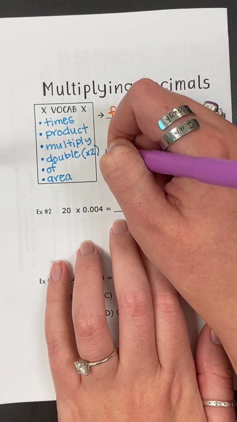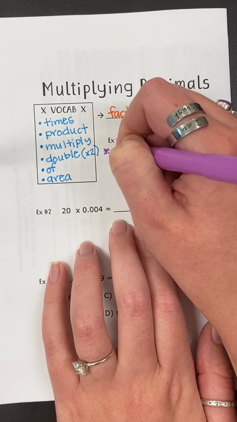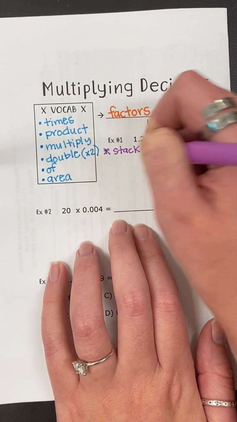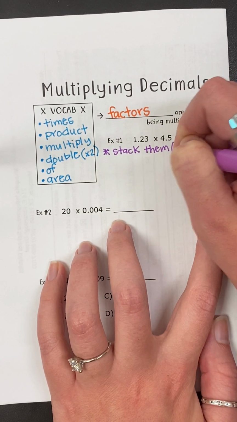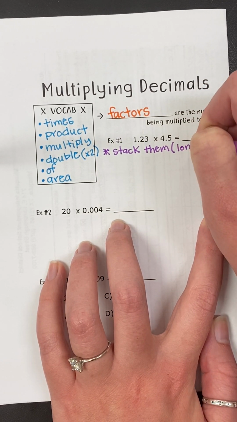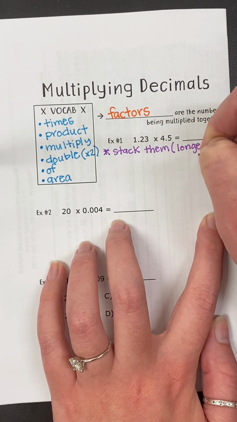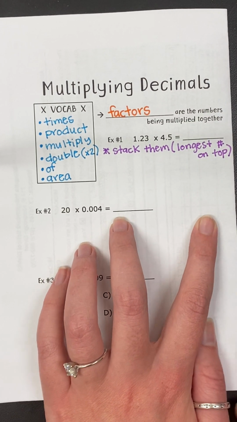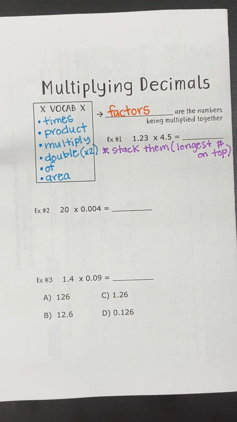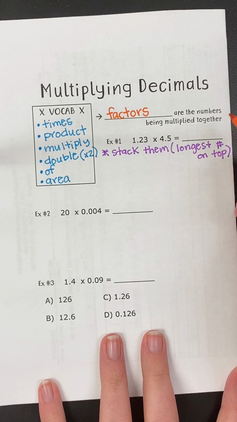So the thing that we need to look at, our rule, is we are going to stack the numbers. We're going to stack them with the longest number on top. So out of these two numbers, the 1.23 and the 4.5, which one is longer?